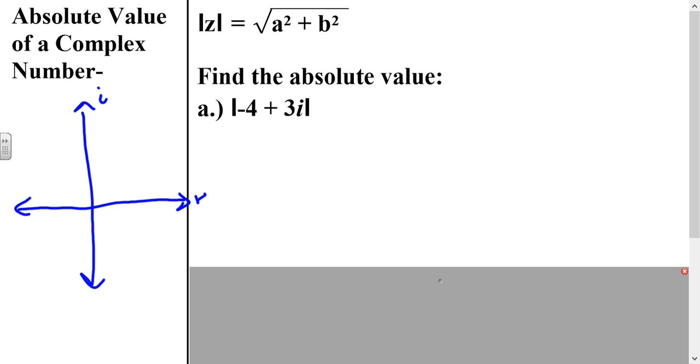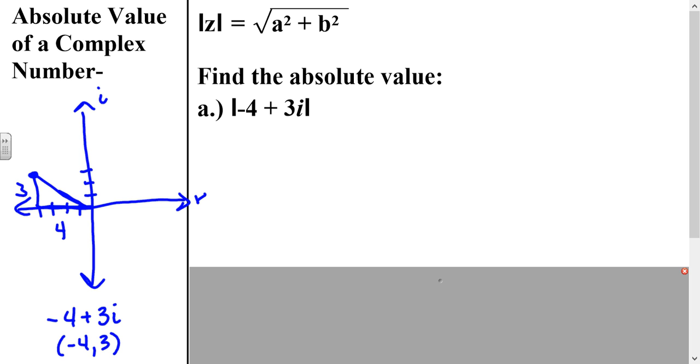So if I want to find, let's say I had the number, let's just do this one right here, negative 4 plus 3i. That would be like graphing the point negative 4, 3. So I would go back 1, 2, 3, 4, 1, 2, 3. That would be right here. So this would be 4 spaces, and this would be 3 spaces.